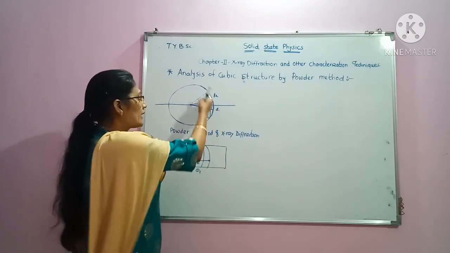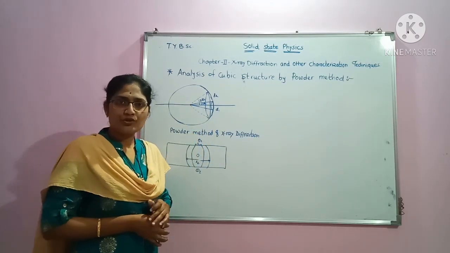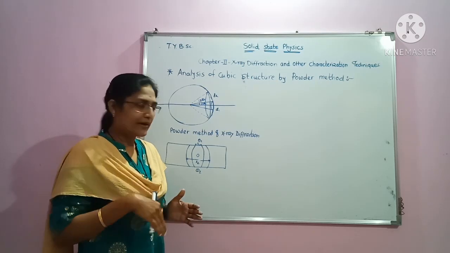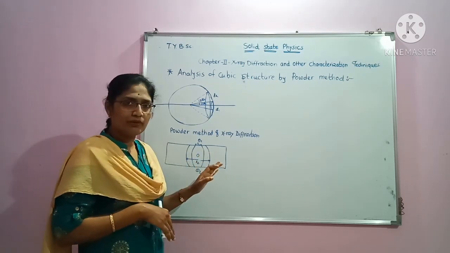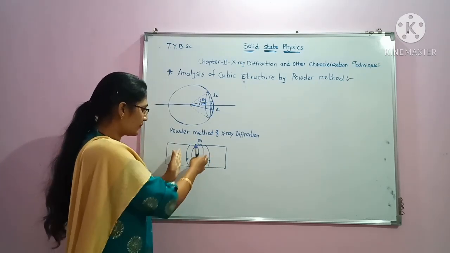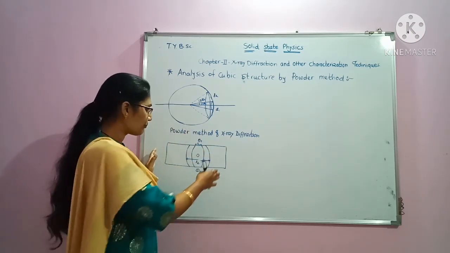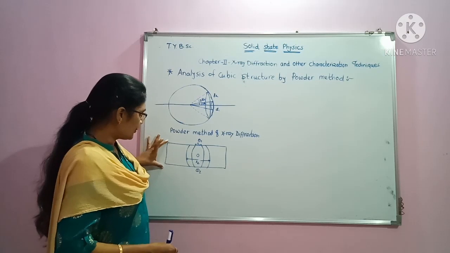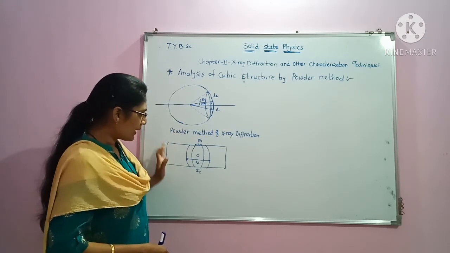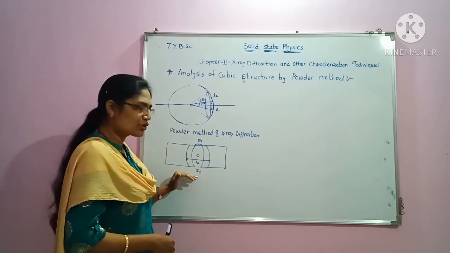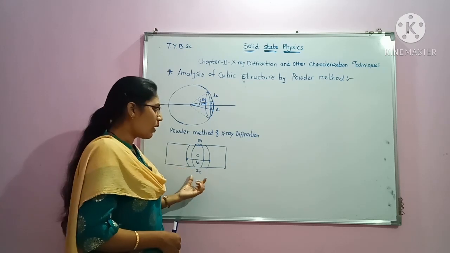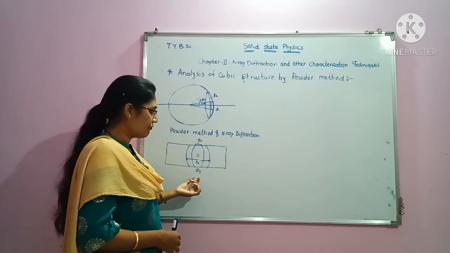And we know that in the interior of the Debye-Scherrer camera, we have attached a photographic film, and we are getting such type of rings on it. When we develop it, due to its narrow slit, we are getting such type of symmetrical patterns on this film.